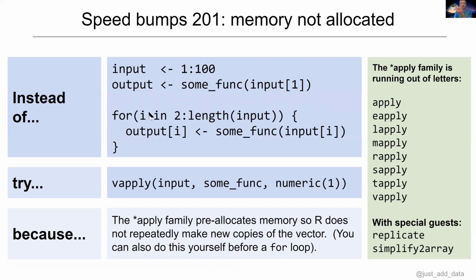And now I'm going to grow the rest of my output vector one element at a time by forcing this subset to say, okay, now I want the second element of my output to be the application of some function on the second element of my input. And I'm just growing the vector one element at a time.